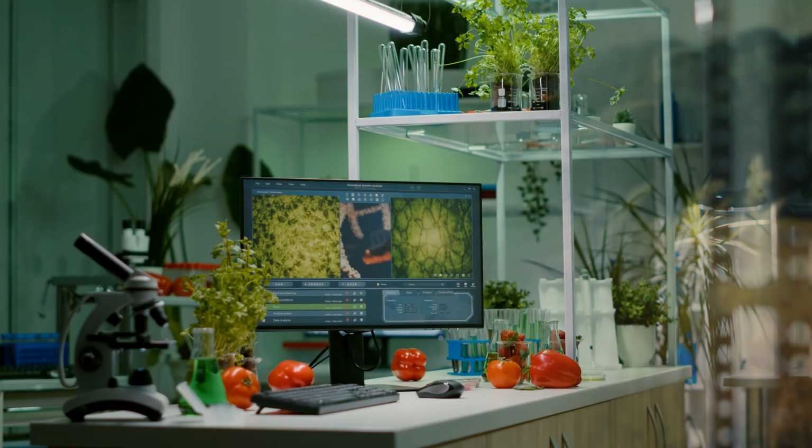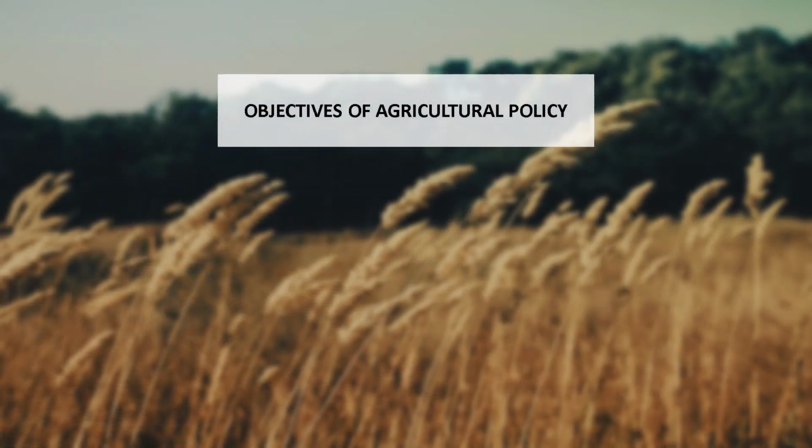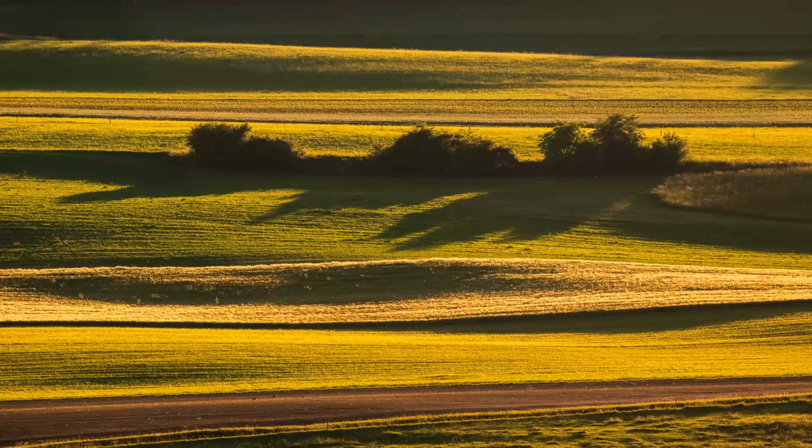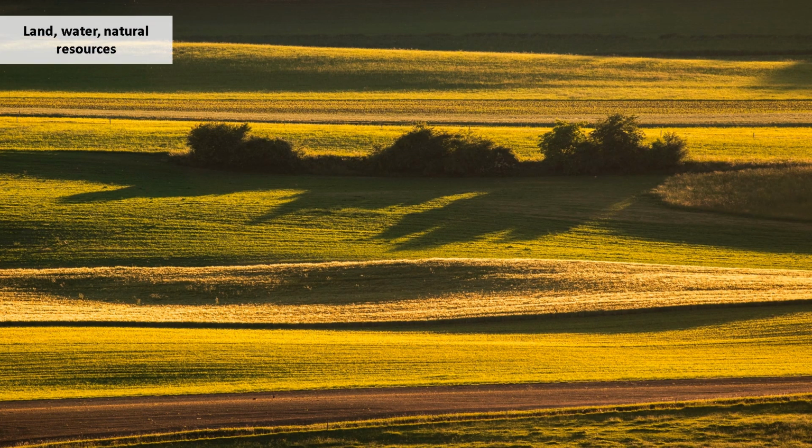Now let us first understand the objectives of agriculture policies and programs. One of the most important objectives of agriculture policy and programs is to provide price protection to the farmers as well as manage the price volatility in the agriculture sector to provide support to the large consumer base in India. Then we have the objectives to conserve and protect our land, water and natural resources.